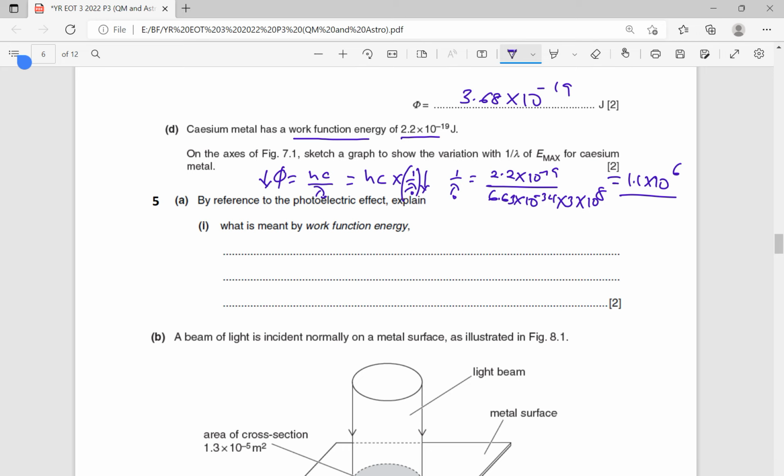By reference to photoelectric effect, explain what is meant by work function. What is meant by work function?